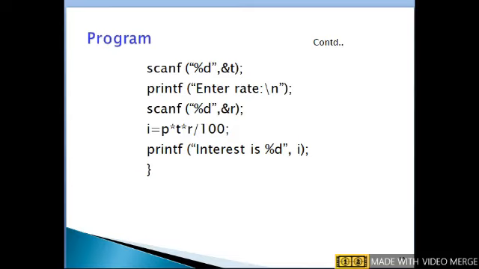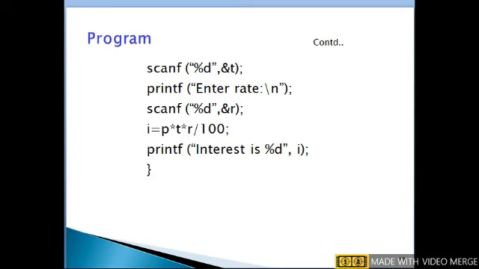For characters, we use %c. Next line, printf enter rate of interest. Then scanf reads the rate of interest. Whenever the user enters it, it is stored in the R variable.